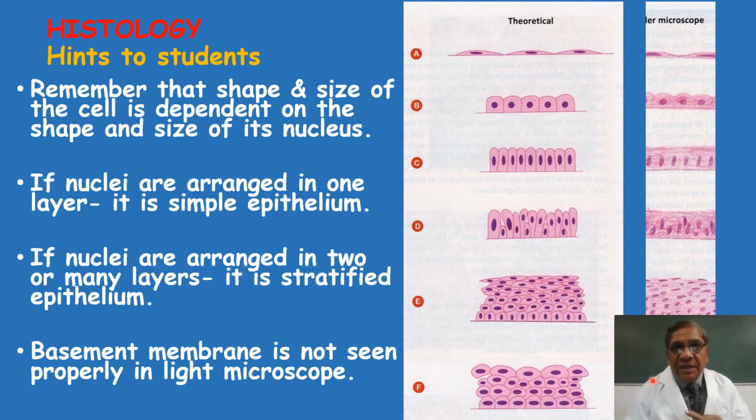I will keep on telling you in the further lectures on YouTube. Another important point you should remember is that even the basement membrane, on which these cells are attached, is not seen properly in the light microscope. So these are the hints for students who are beginners or newly admitted: you have to imagine the cell membrane, nuclear membrane, and the basement membrane, which are not seen with the light microscope.